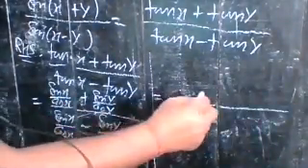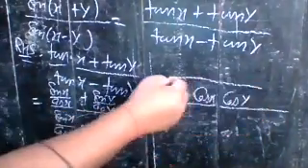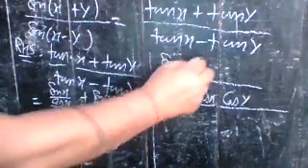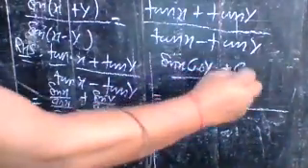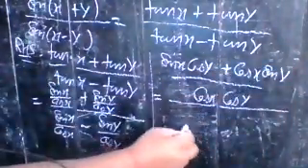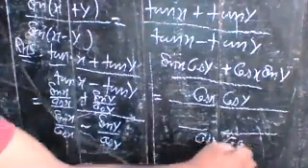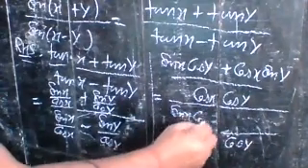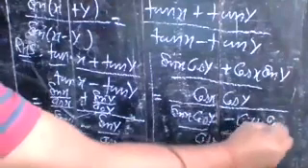So LCM is cos x cos y, and in numerator you have sine x cos y plus cos x sine y, and in denominator again LCM is cos x cos y, and you have sine x cos y minus cos x sine y.